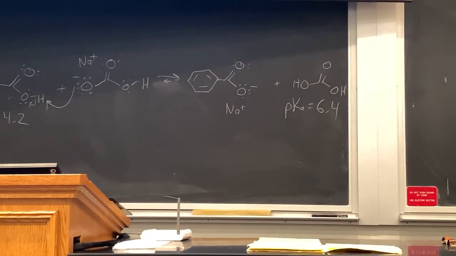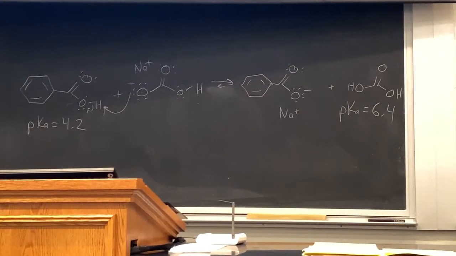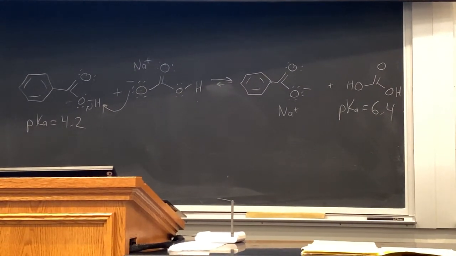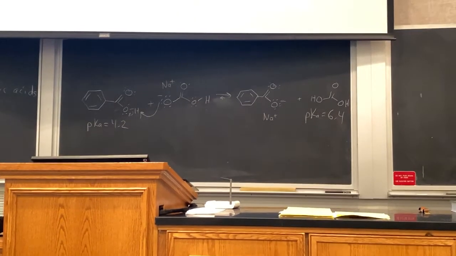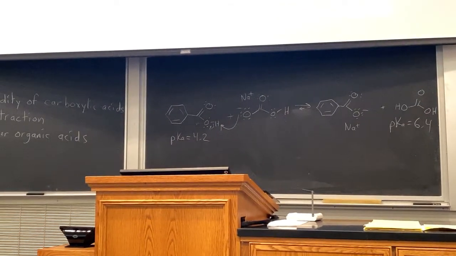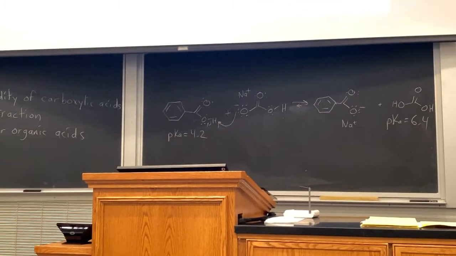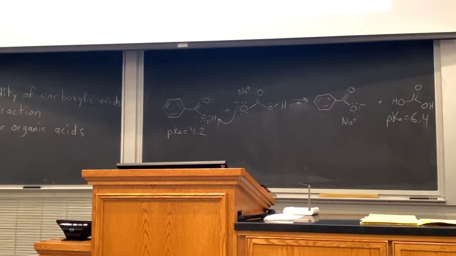At equilibrium, we're going to have probably greater than 99% of the carbonic acid and less than 1% of our benzoic acid.